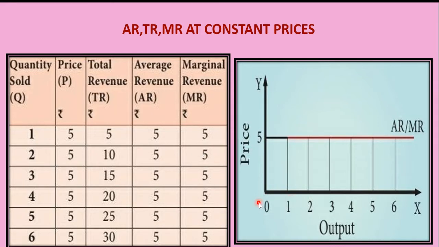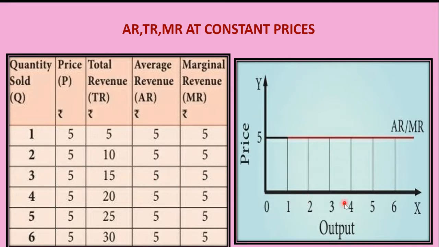Here on the x-axis we have marked the output and on the y-axis price. Price is constant, 5. When I sell the first product, the AR is 5, the MR is also 5. For the second product, AR is 5, MR is also 5. For the third product, AR is 5, MR is also 5.